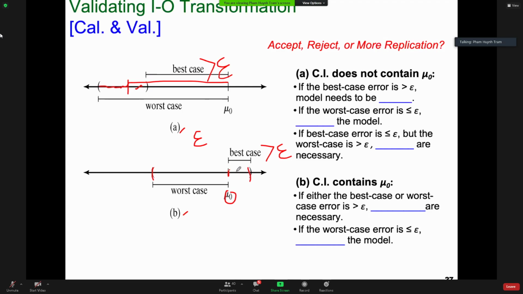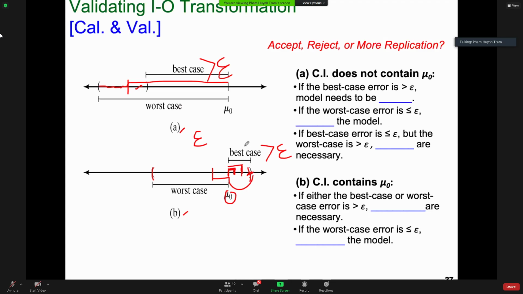So if our value is here, not at the end of the interval but here, the error is just from here to here. It's not necessarily larger than epsilon. So we still have cases smaller than the best case, and it doesn't guarantee they are larger than epsilon.